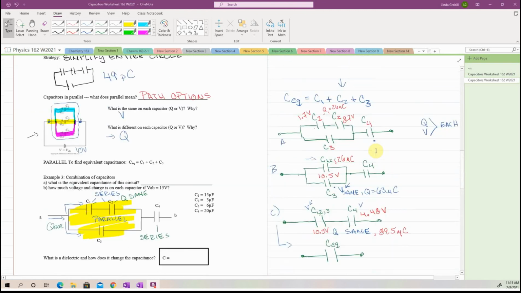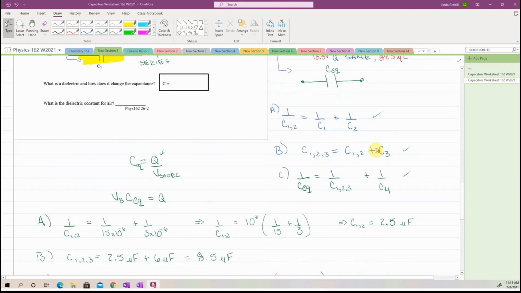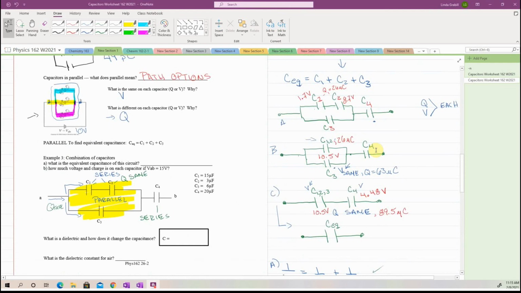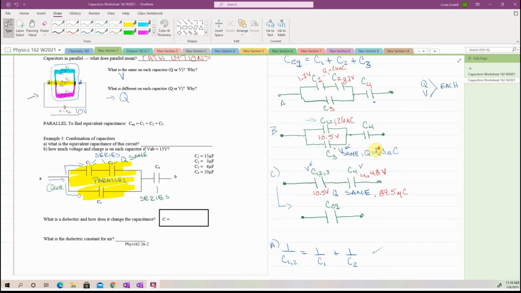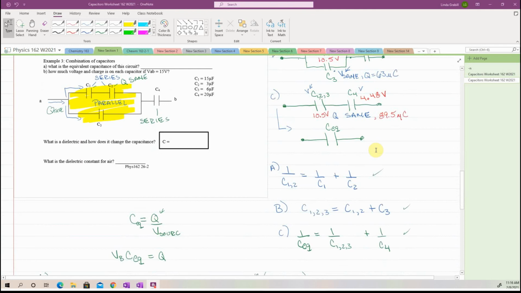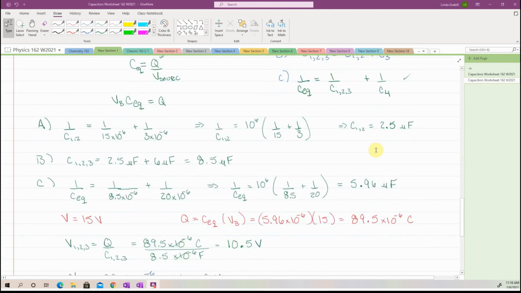And then I wanted the equivalent capacitance of combining 1, 2, and 3, which is this step here. And then the equivalent capacitance of the circuit, which was just combining them all. That way we could figure out how much charge was on each. And so we get the equivalent capacitance here. That's for the circuit. Then this step gives me the amount of charge that system can handle. It's going to be the total amount of charge.